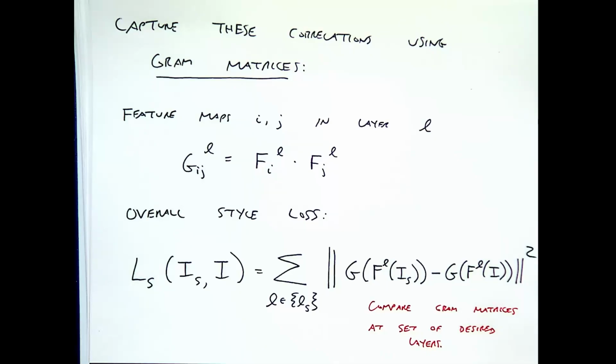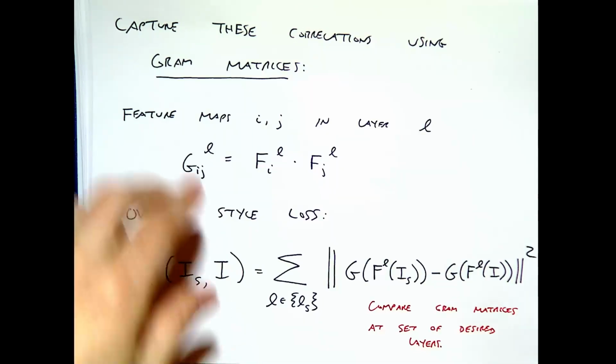And then to actually generate the image, what we do is we start with a noise image, kind of similar to the way that a diffusion model or GAN works. And then we do gradient descent on the image pixels to minimize this sum of the content and style loss.